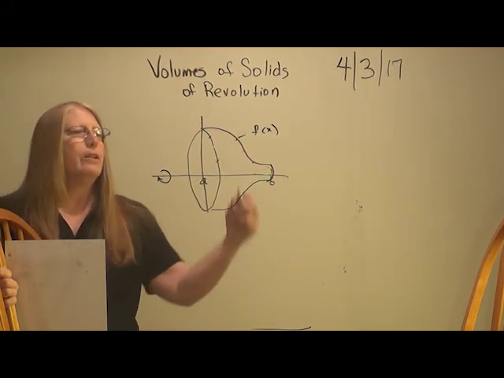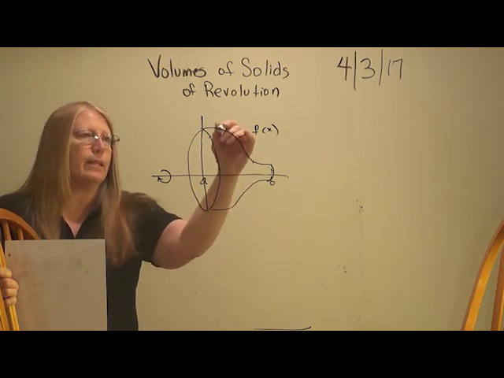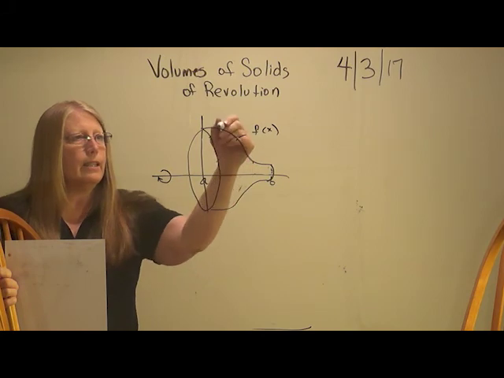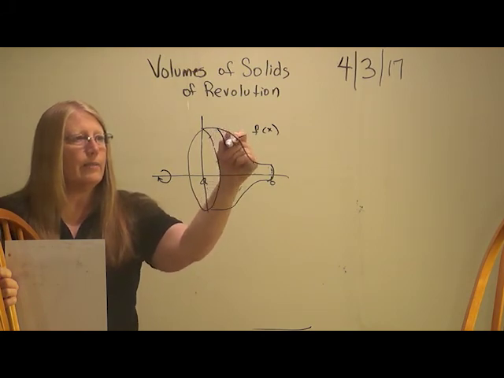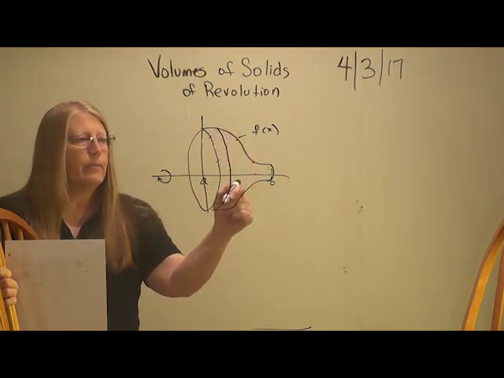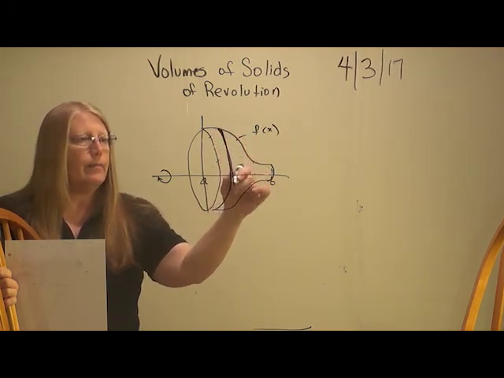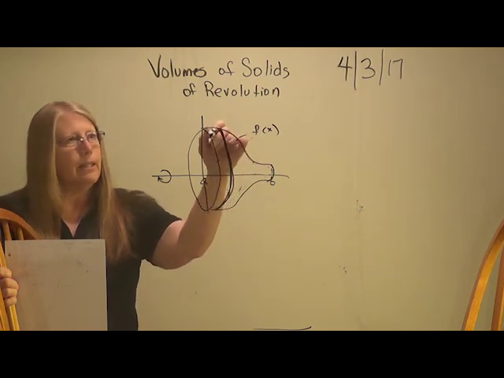Now I'm going to take a slice from this. It can be down here, in the middle. I'll take a slice right here. I'm going to take a slice of this solid.